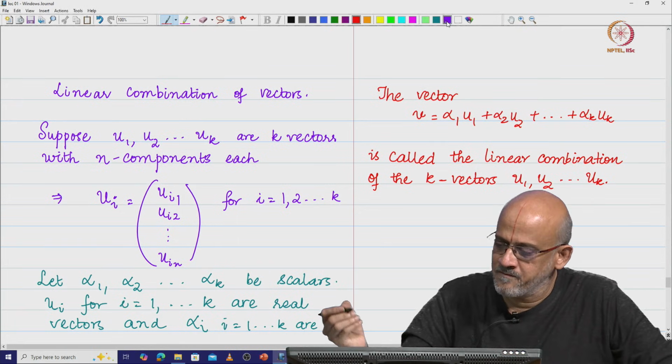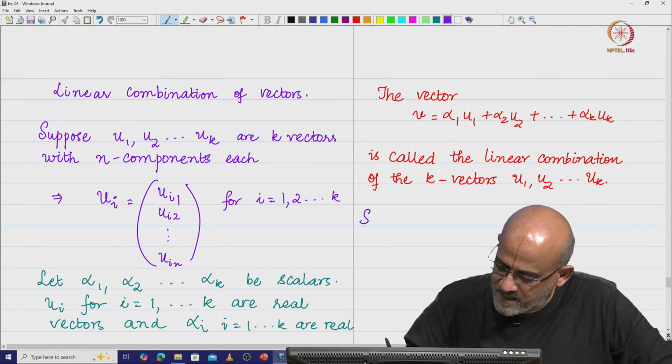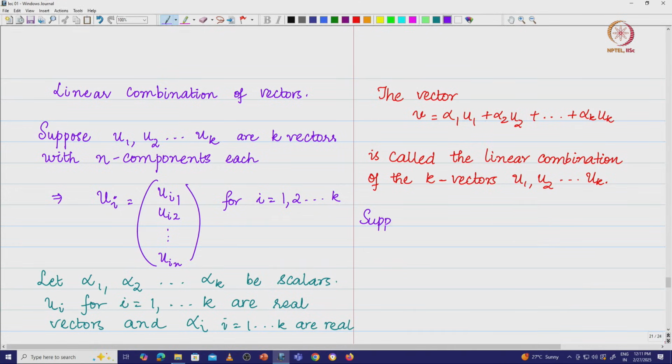Let us see that. Suppose we have u 1, u 2, etcetera, u k, which are the standard unit vectors. Now, what do we mean by standard unit vectors?